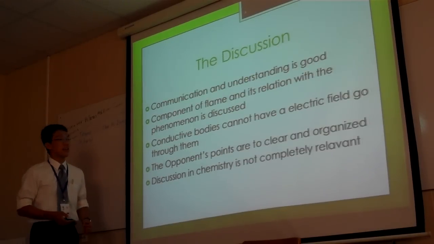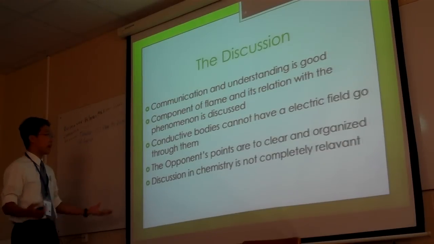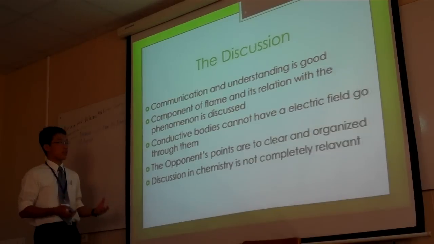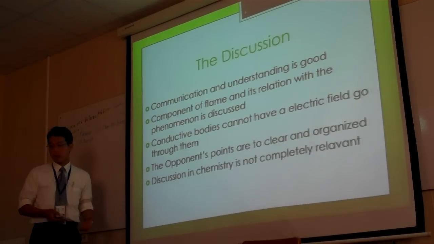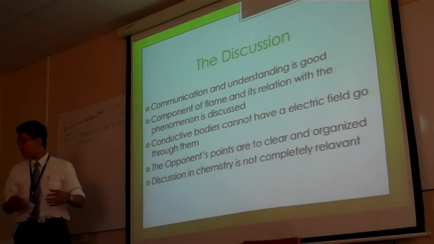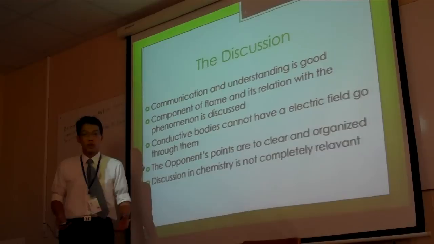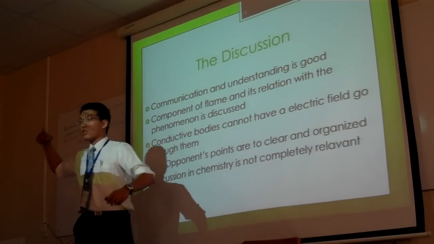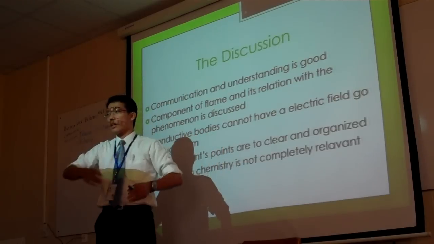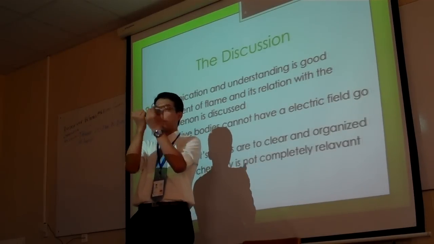And finally, here are some points about the discussion. Your communication and understanding was excellent with each other, and the component of the flame with its relation to the phenomenon is discussed. However, one thing is that conductive bodies cannot have electric field go through them, which both of you ignored, because if an electric field is going perpendicularly into a conductive body, it will cause a polarization.